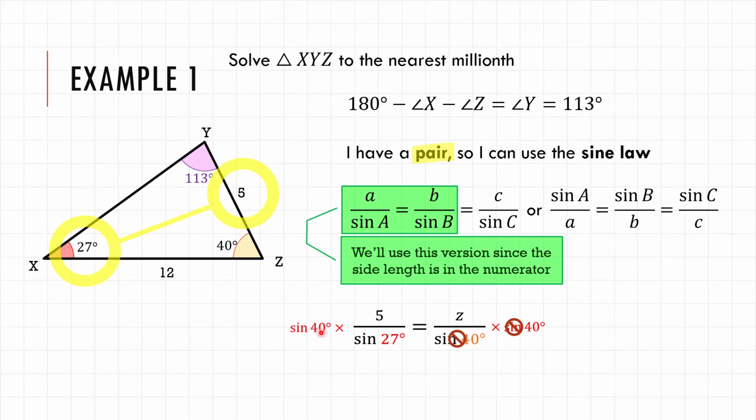And that gives me sine 40 times 5 over sine of 27. If I put all of that into my calculator all at once, because z is isolated, I'll get this really, really long string of decimals, but I'll round that to the nearest millionth, which is 6 decimal places. So 7.079307 is the approximate value of side z.